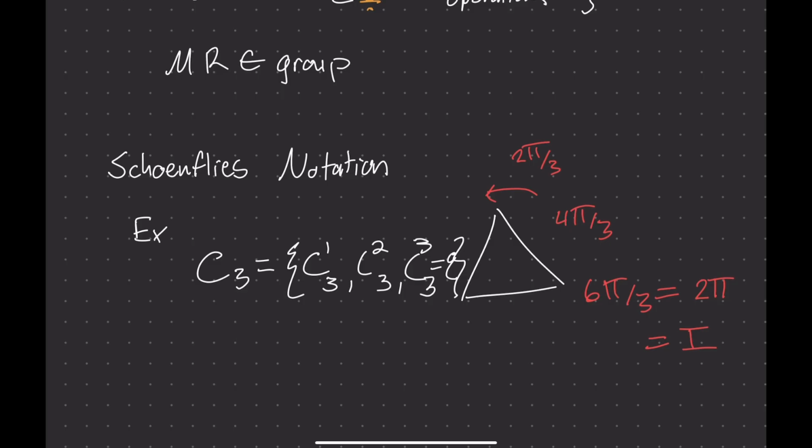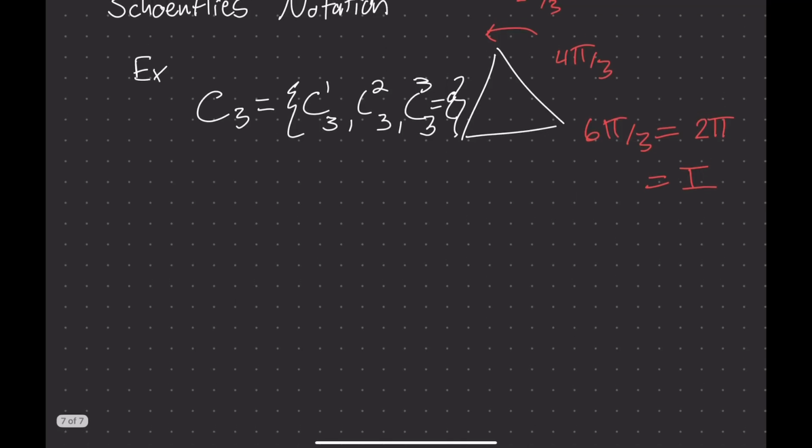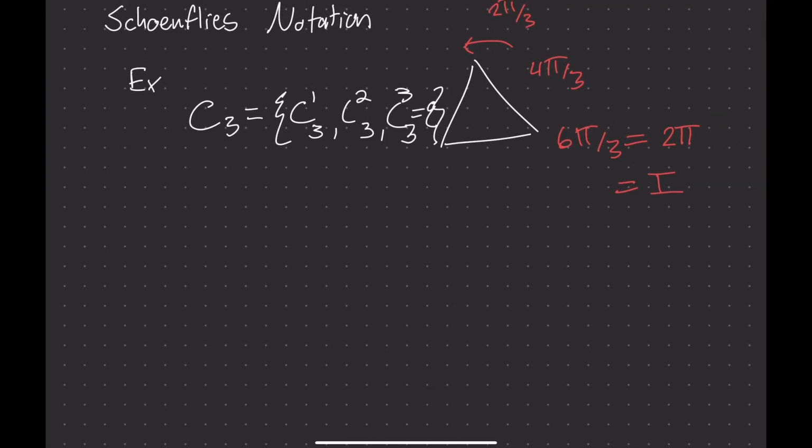So now looking at a more complicated group, you would have, say, C3V.